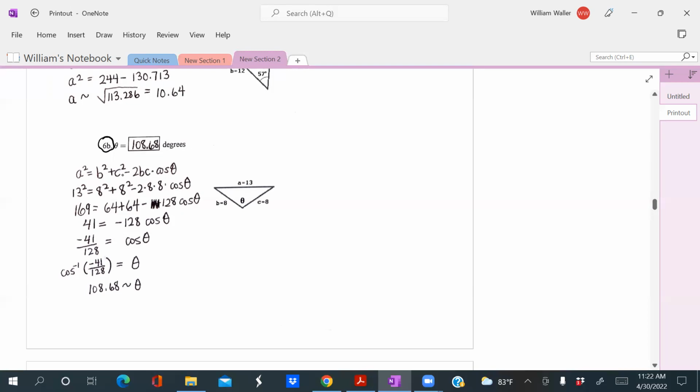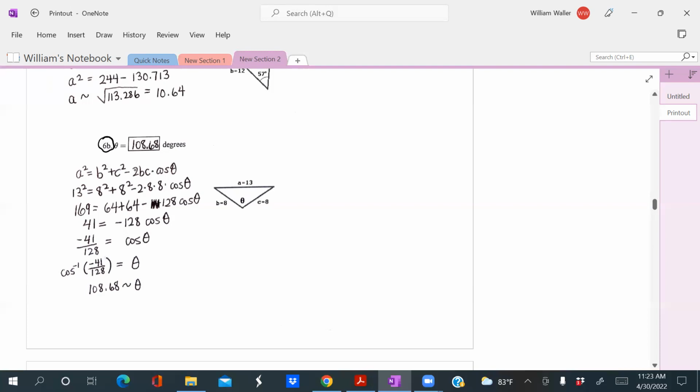So that would be b squared plus c squared minus twice the product of those two sides, 2 times b times c times the cosine of this angle theta that you're focusing on.